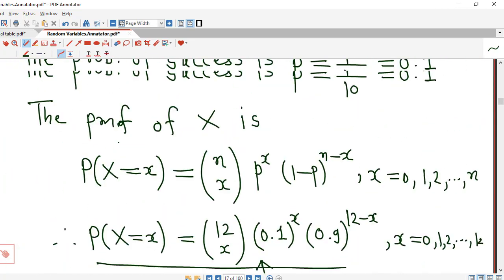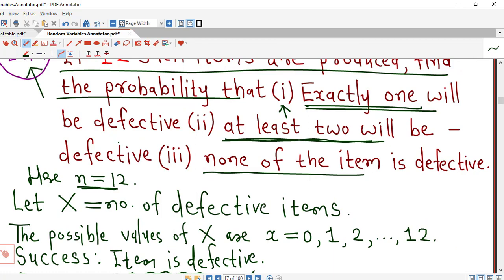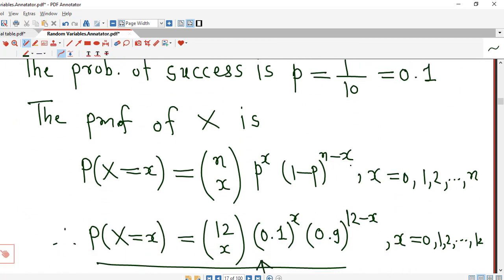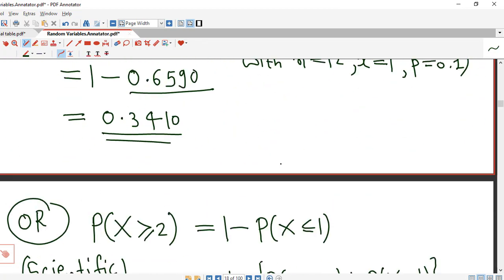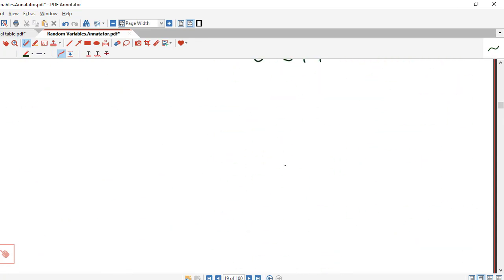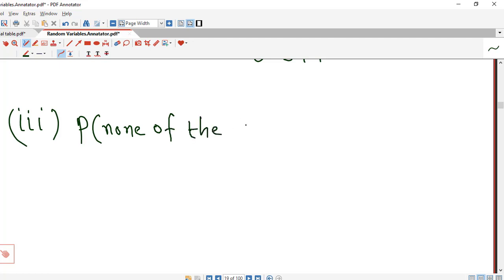In the third part, what is asked? Probability that none of the items is defective. That means all the items are non-defective, so the number of defective items is 0. So we have to find this probability that none of the items is defective.